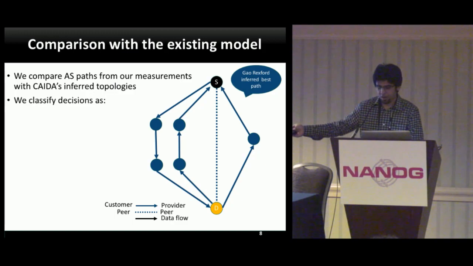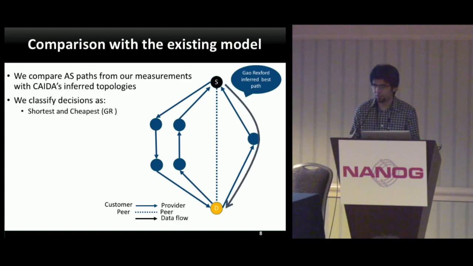So the figure on the right shows all possible paths according to the Gao-Rexford model. The rightmost part is the Gao-Rexford compliant cheapest or shortest path, the path predicted by our model. If the AS takes this path, we classify it as following our model, or in that case, our path prediction matched the real path.